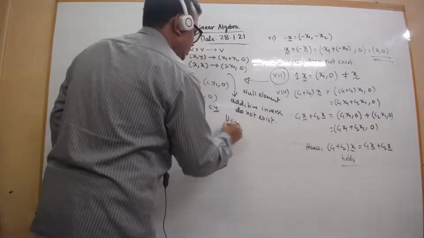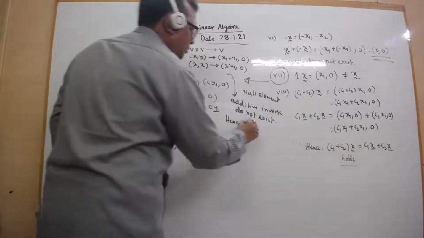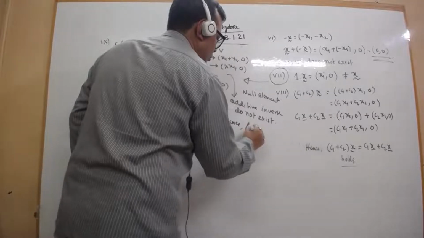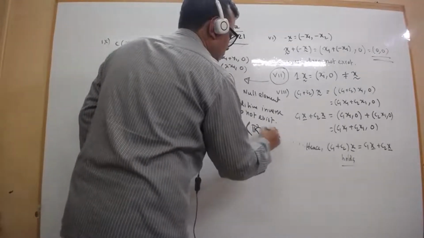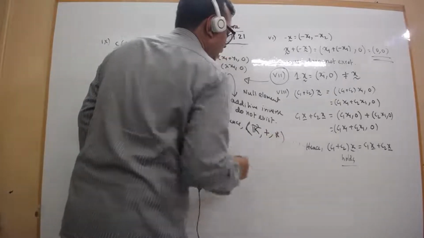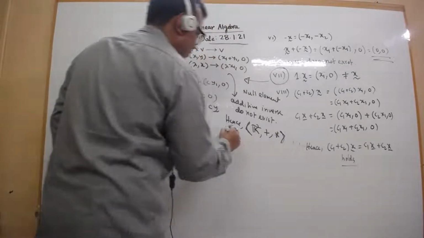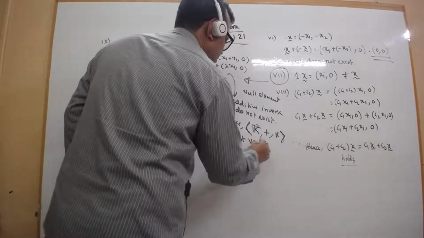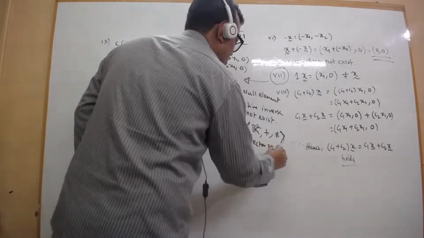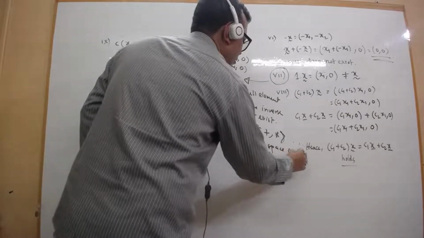Hence, in this situation, R square with plus star is not a vector space over R.